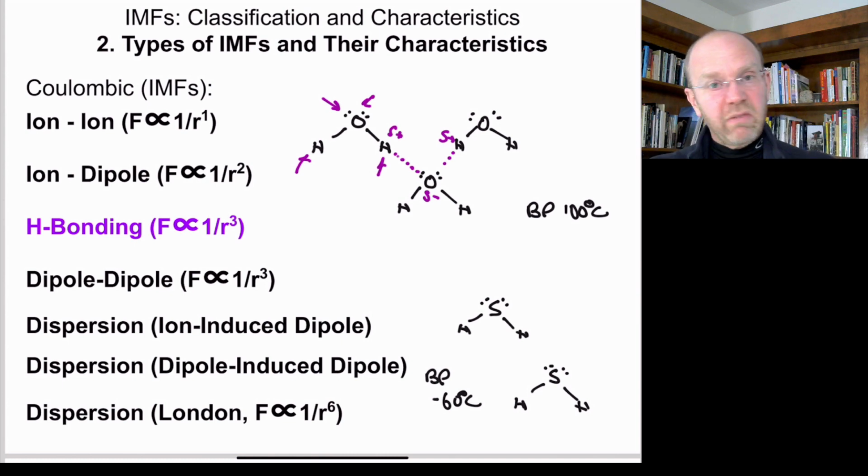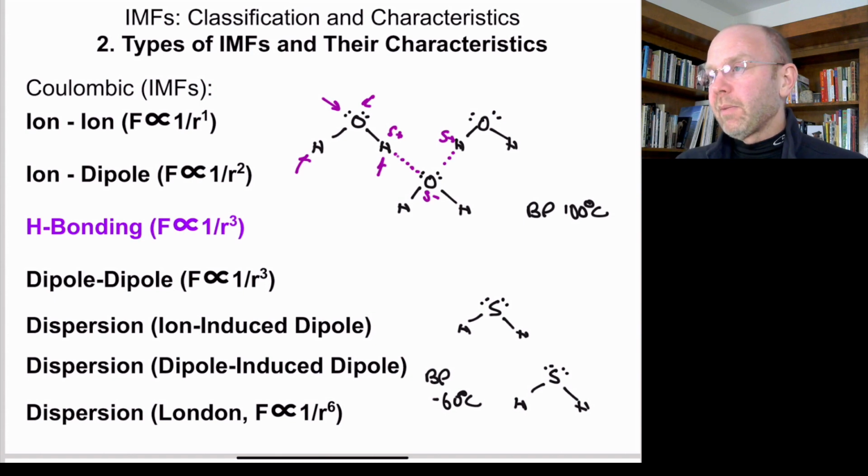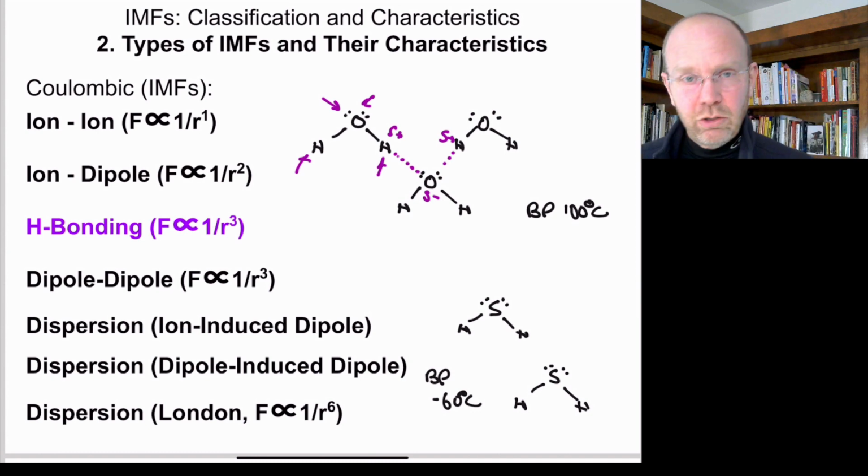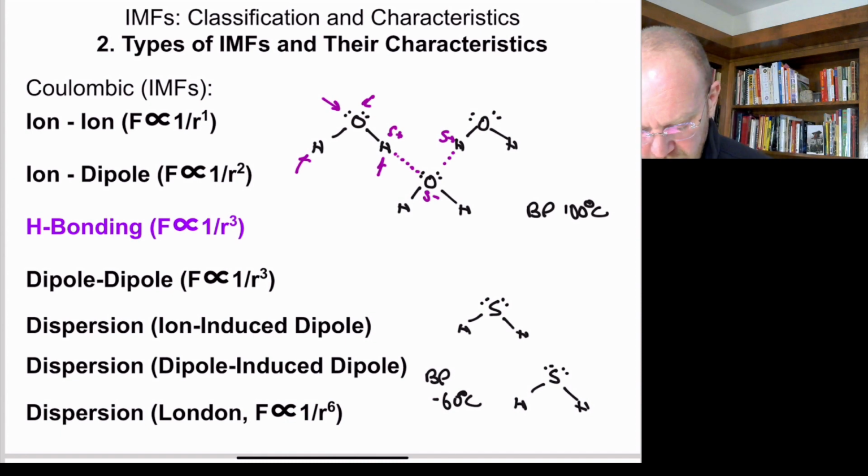In liquid water, they're moving around, so you don't usually have 4 happening all at once, but maybe 2.5 or 3, right? And so water has this very high boiling point of 100 degrees Celsius. That reflects this unique thing that we call hydrogen bonding. It's a unique dipole-dipole force, and it's really important that you understand when those things can occur.